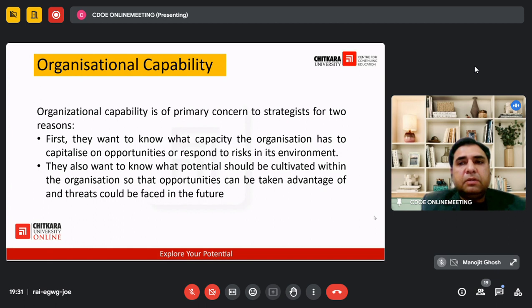Companies have good minds. They know what the risks and opportunities in the market are. But it is up to them how to convert those opportunities or risks into their organizational capabilities. If they cannot convert, this clearly shows they are going to ruin their business.